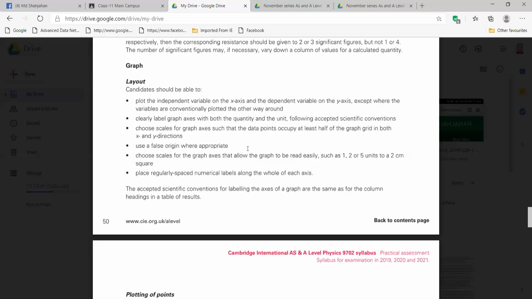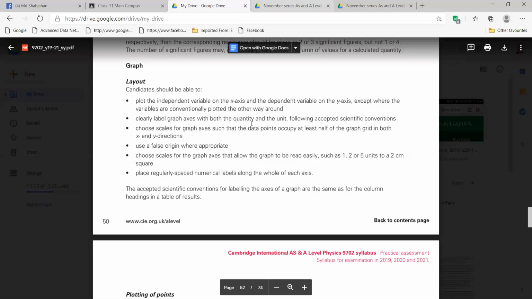Clearly label graph axes with both the quantity and the unit, following accepted scientific conventions. Okay, wait. So look here, in O level, I always reminded you about this, right? You are writing the quantity, but you are forgetting the unit, right? So for writing the quantity and unit, you have 1 mark.